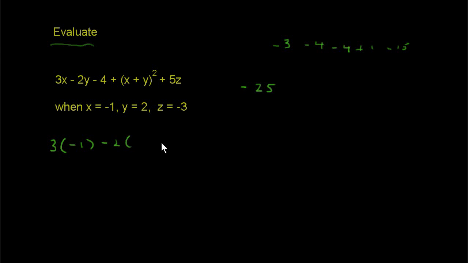Subtract 2, and y is equal to 2, plugging in there. -4 plus, and in parentheses we have x plus y, and that would be -1 plus 2. And then we're going to square that. Plus 5 times, and z is equal to -3, just plugging in place of z.